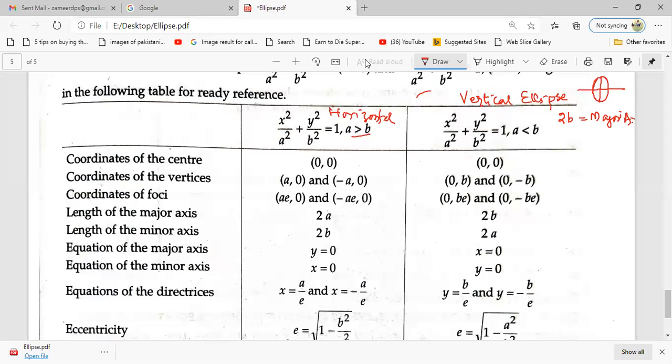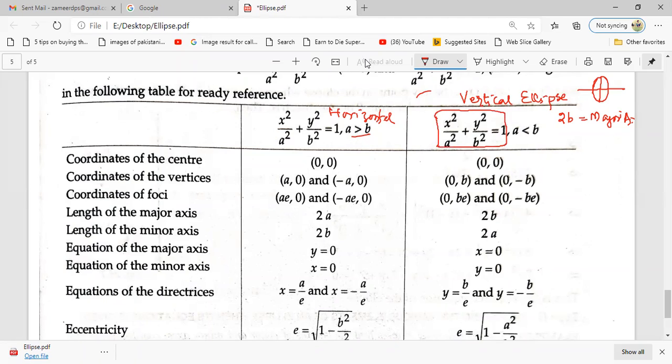Okay. So my suggestion is you can follow this one. Here you can see whether a is greater than b or a is less than b. So accordingly, you have to check this equation. You will use this equation only.